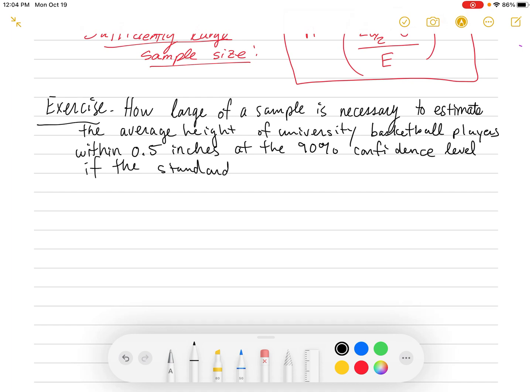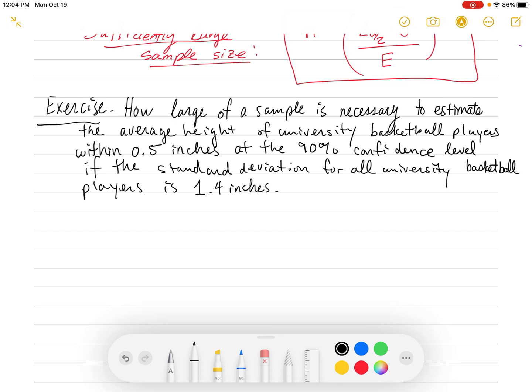If the standard deviation for all university basketball players is 1.4 inches.